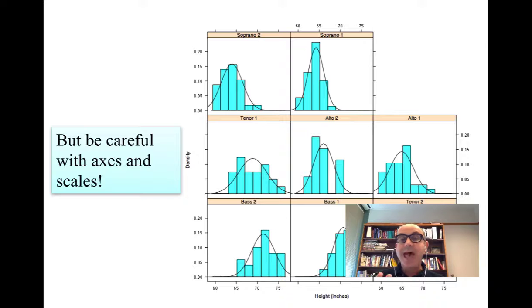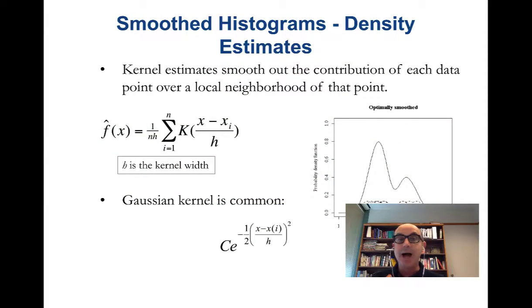Be careful with the axis and the scales and how to apply them. The scale lets you focus on one aspect of it, so appreciate what it brings into the visualization.